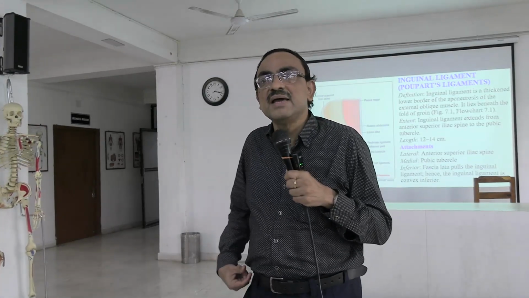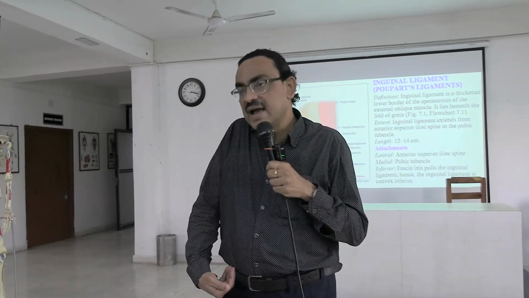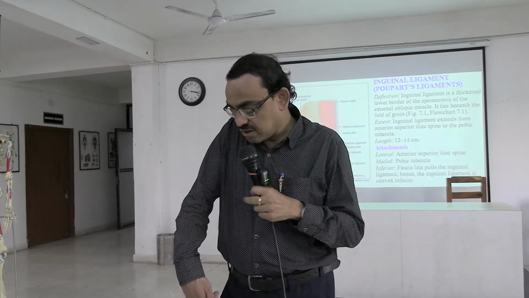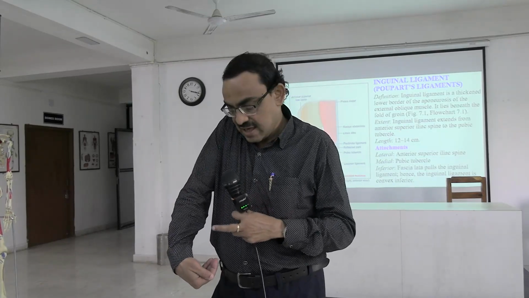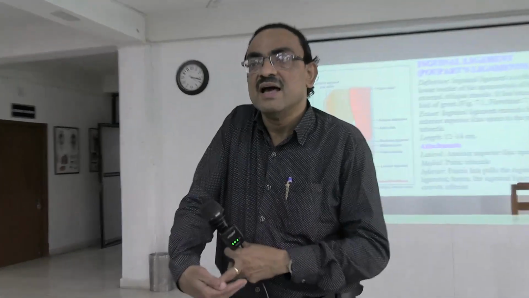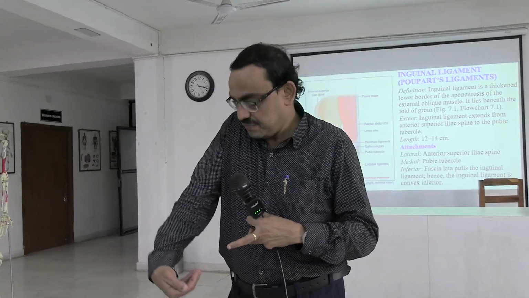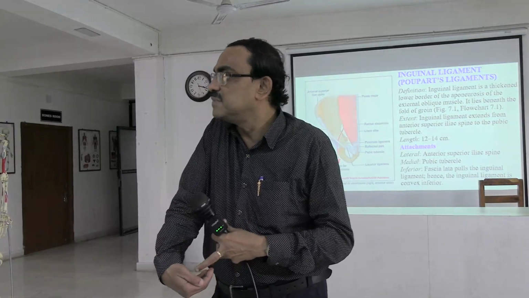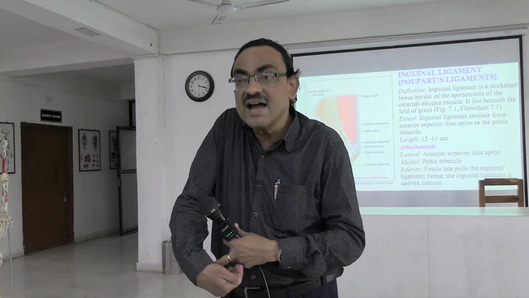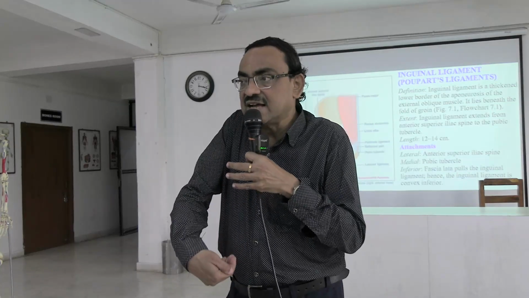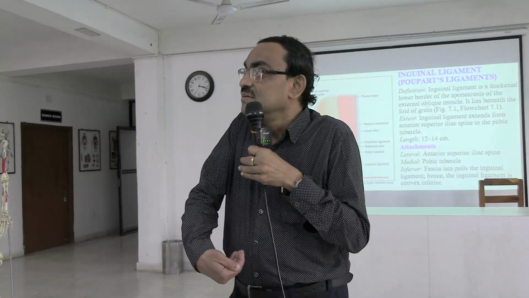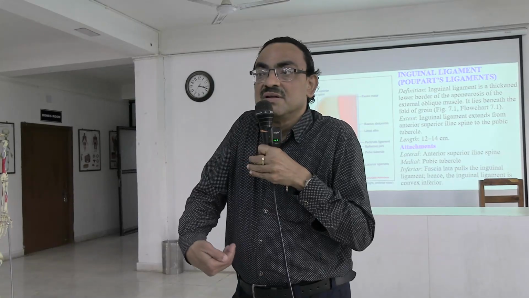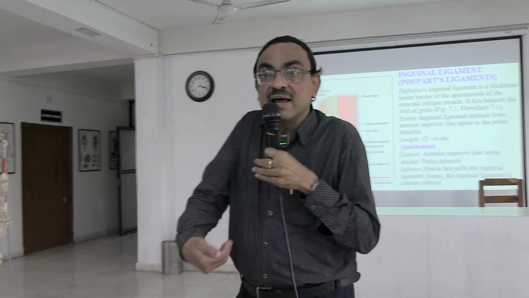The thickened part is called the inguinal ligament, and that part which has the muscle becomes like this, and there is a depressed area which can accommodate something, and this depressed area actually accommodates the inguinal canal.